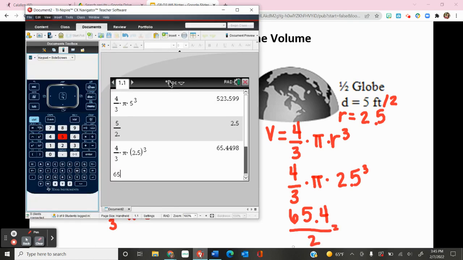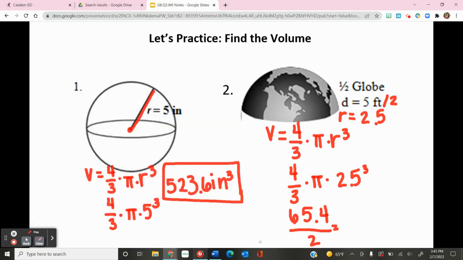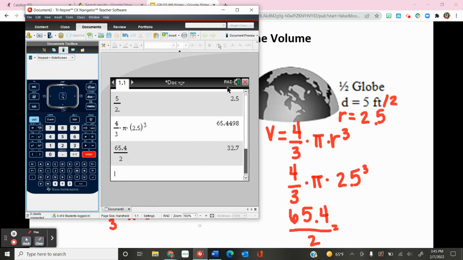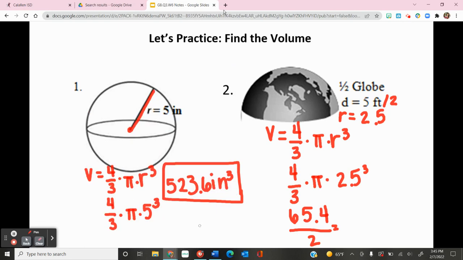So 65.4 divided by 2, we're going to put that in our calculator, and we press enter, you're going to get 32.7. So the volume for this half globe is 32.7. Our unit is feet, and again, since we're talking about volume, this is cubed. And that is how you find the volume of a sphere.